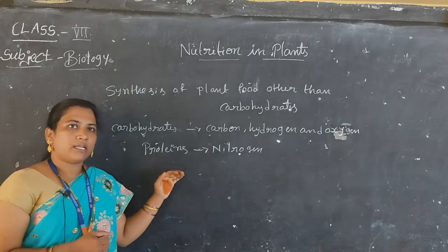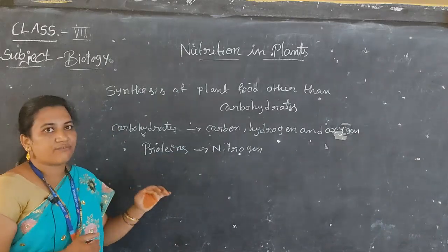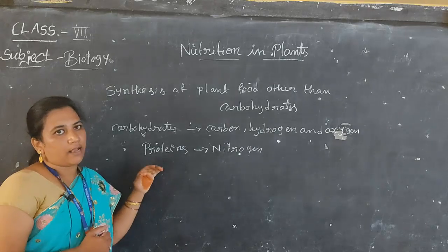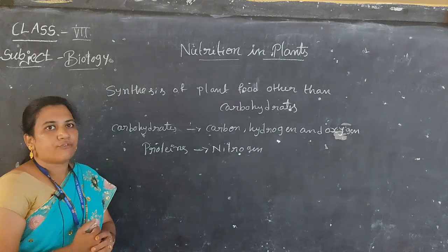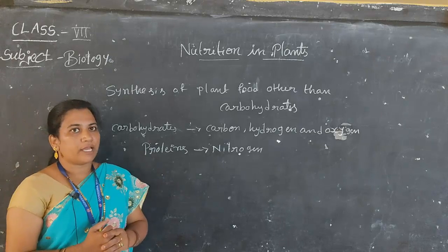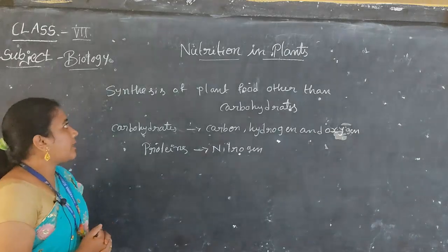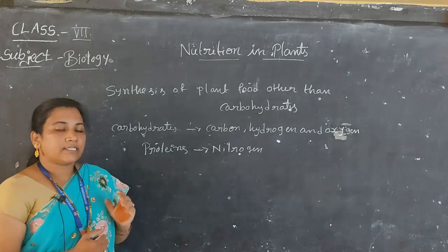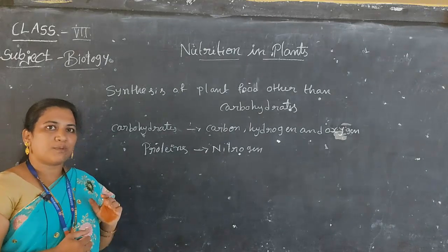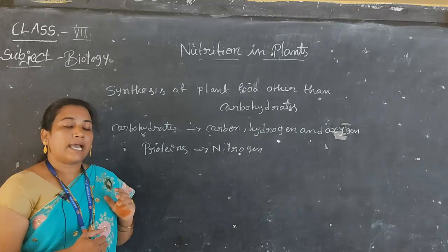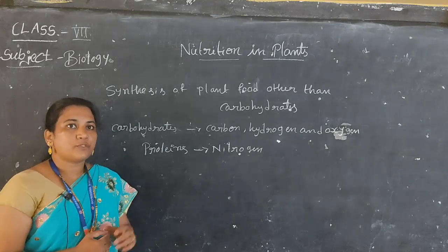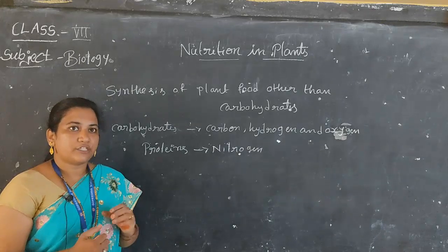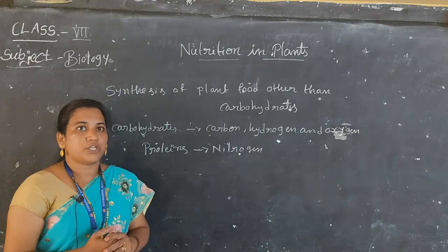Along with them, materials like proteins and fats are also present in some quantity in the food items we get from plants. Nitrogen is present in the atmosphere, but plants cannot absorb it directly, so this bacteria plays a major role.